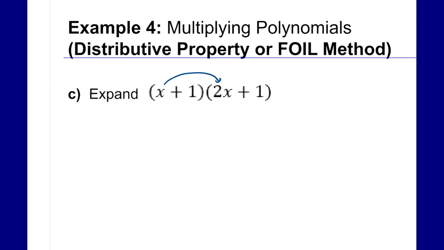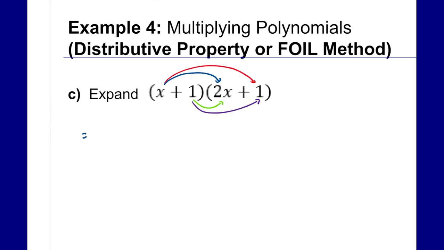So I'll break this up into different colors just so that we can track everything. And then the second term in the one bracket, in this case the 1, is also going to multiply every term in the second bracket.